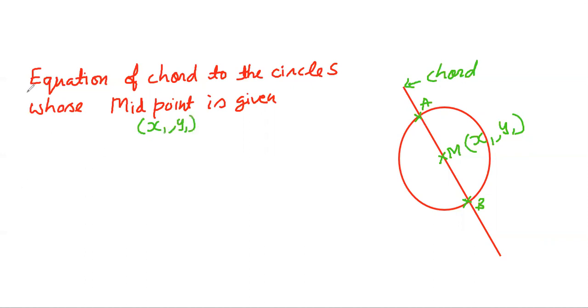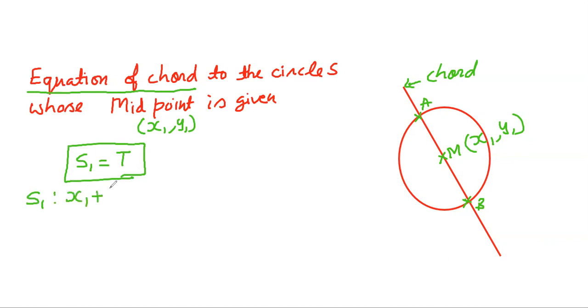Now we have to find out the equation of the chord. So the equation of the chord in this case comes out to be S1 equal to T. This equation is also valid in the case of a parabola. So what is S1? S1, you know, is x1 squared plus y1 squared plus twice G x1 plus twice F y1 plus C. And what is the tangent equation T?